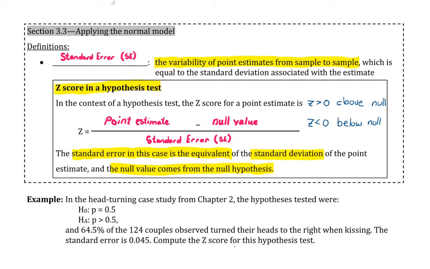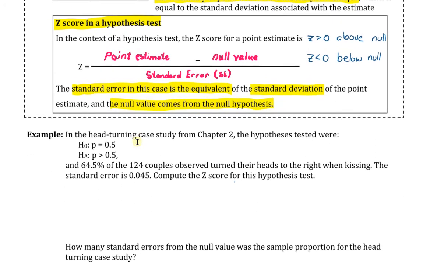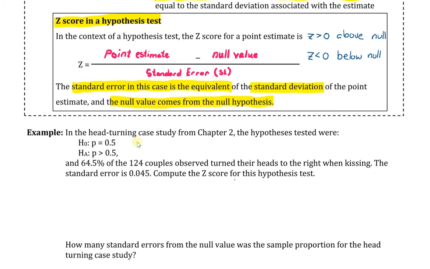Let's look at an example of how we can apply this. In the head-turning case study from Chapter 2, the hypotheses were the null hypothesis that the proportion is equal to 0.5 versus the alternative hypothesis the proportion is greater than 0.5.